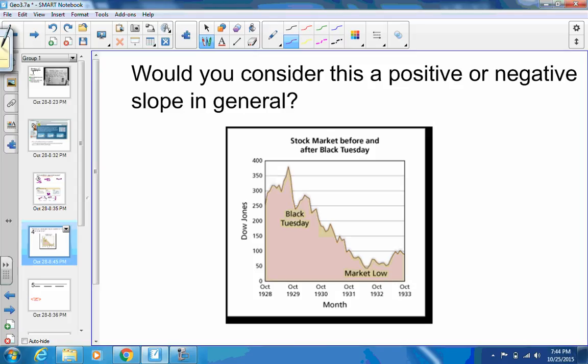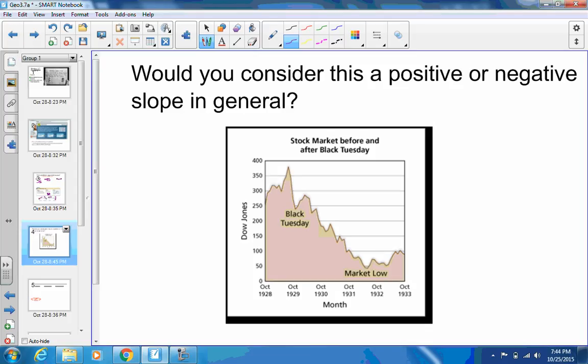The stock market took that huge crash, and then it started going really far down. If you don't know anything about stocks, this is how the Dow Jones rated the stocks, and you can see the numbers went down, down, down from that Black Tuesday all the way down till 1932, 1933 when it finally started going back up a little bit.